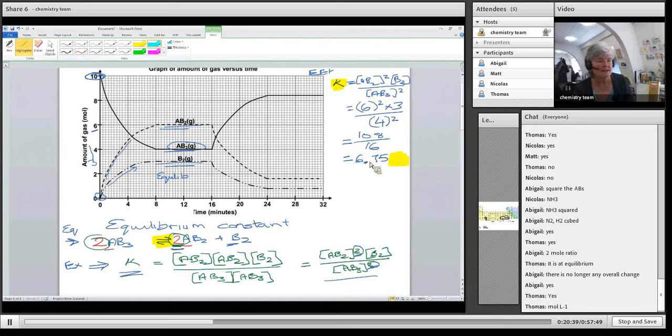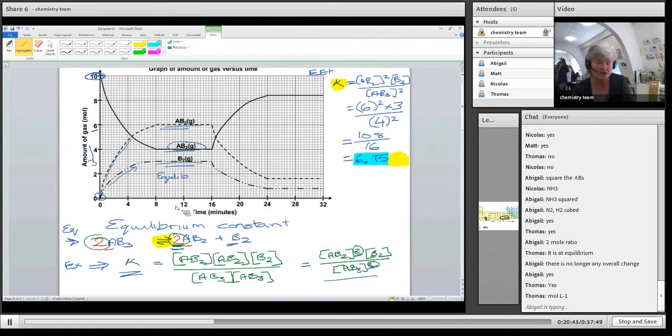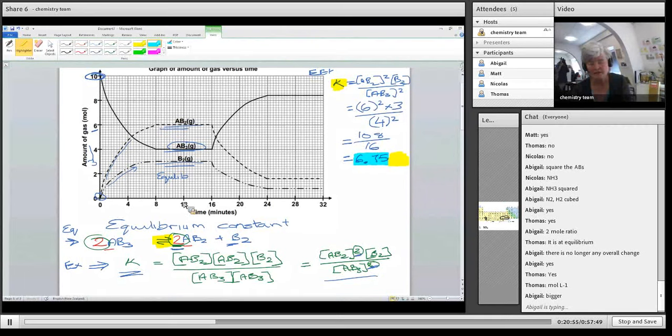The next thing to notice is the size of the equilibrium constant, because they could ask you questions about it. Is that equilibrium constant value bigger than 1 or smaller than 1? It's bigger than 1. So, do you think we've got more products or more reactants? It favors products.